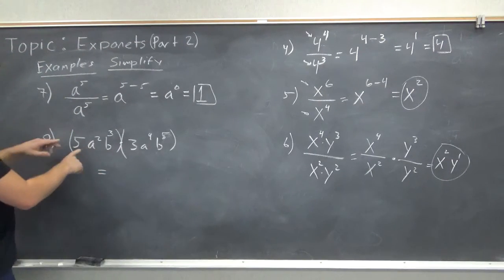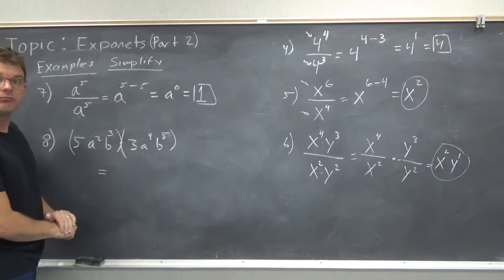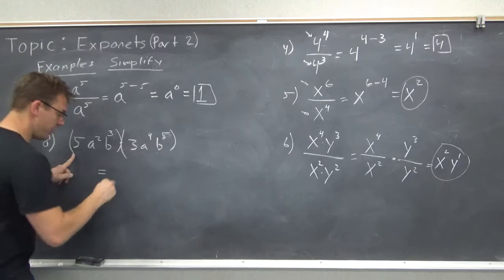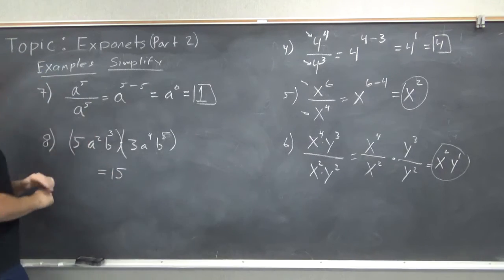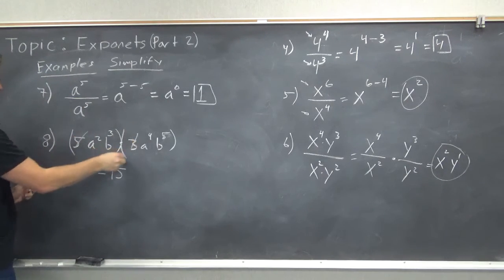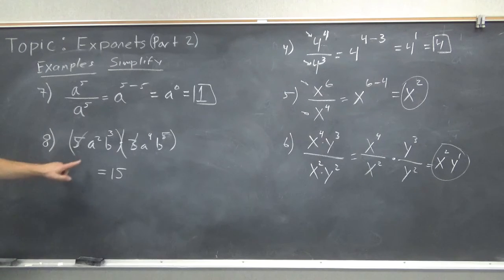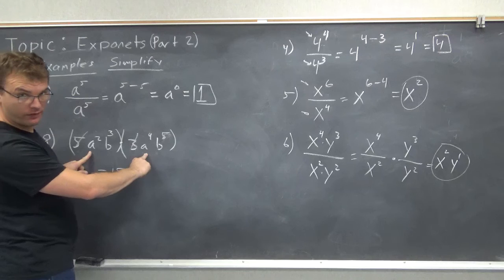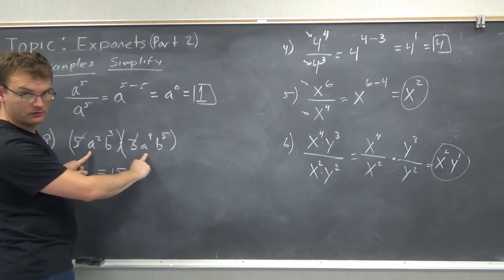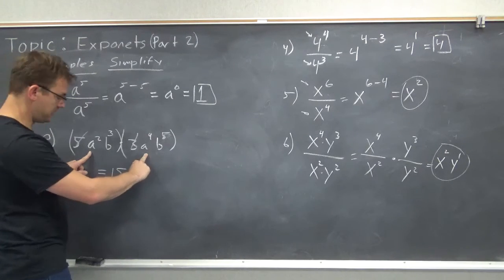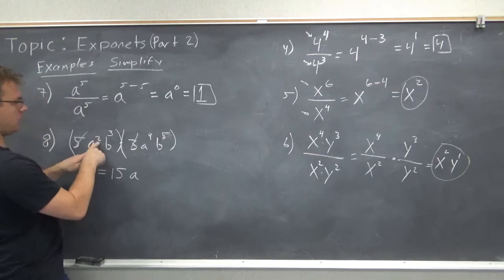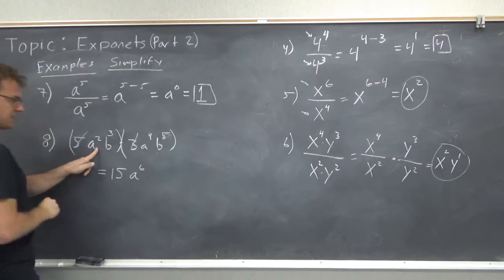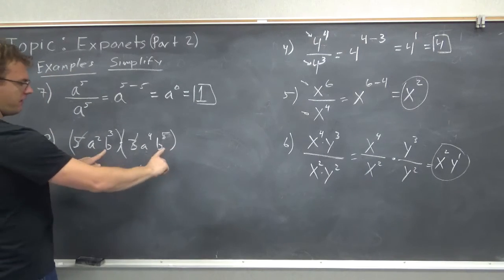So what I'm going to do is, I know this is multiplication. I'm going to go 5 times 3. 15, right? Okay. So that takes care of that. Well, I have a squared times a to the 4th. Remember what we do? Add the exponents. So that's going to be a to the 2 plus 4, 6. B's.